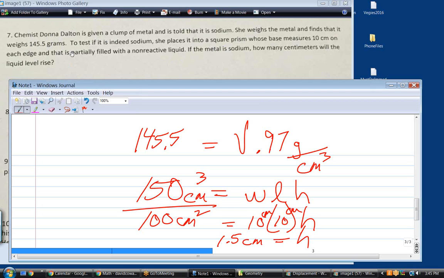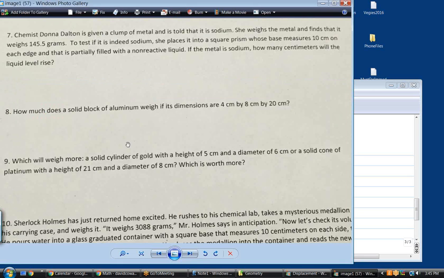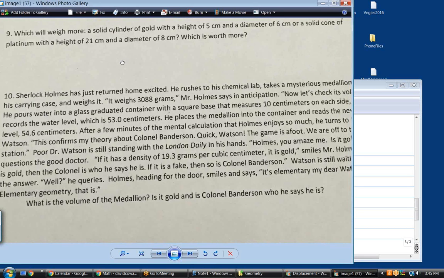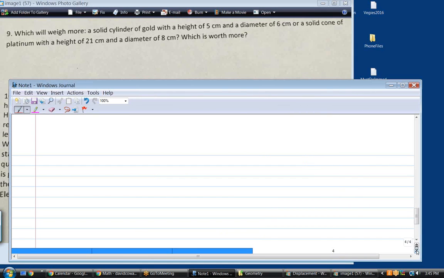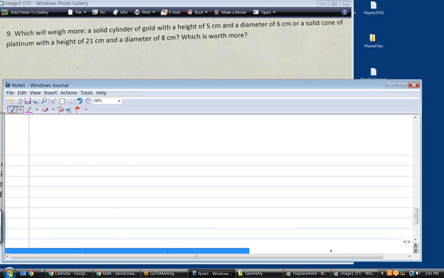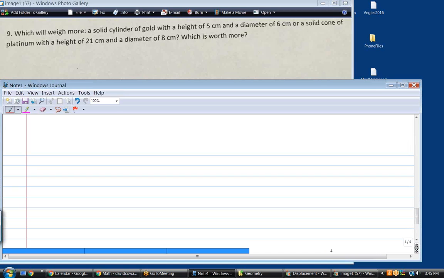So, yeah, no, we did it right. These are always a little more complicated. It's funny, this might be new to the geometry curriculum. I don't remember doing displacement and density last year with any of my geometry students, and this is regular and honors geometry that are doing these.